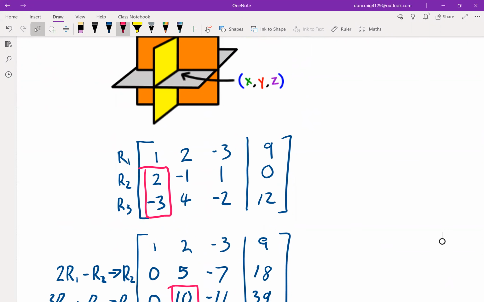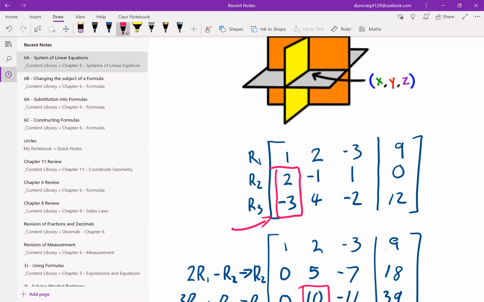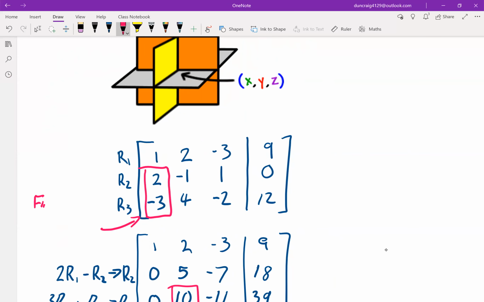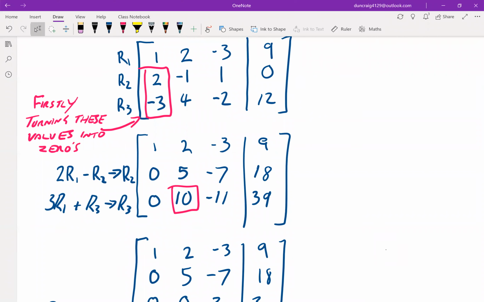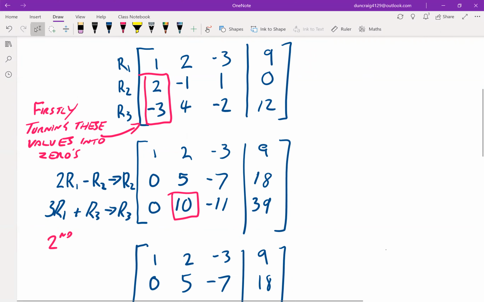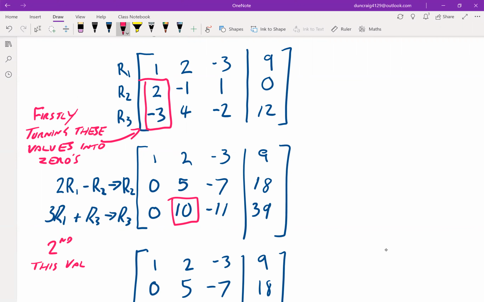So firstly, not eliminate, but basically turn these into zeros there, and then second, this value.